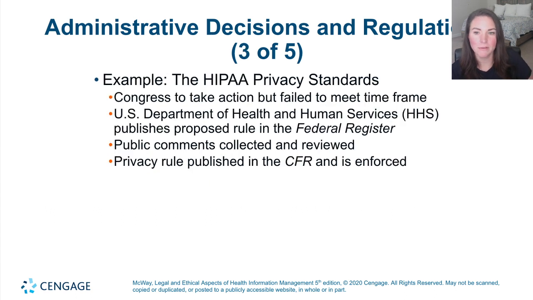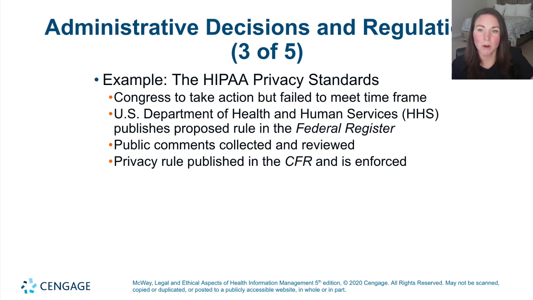An example of this would be the HIPAA privacy standards. If you've never heard of HIPAA before this class, you will hear about it a lot throughout this program. HIPAA wanted Congress to create some privacy standards for patient health information. Congress didn't do so in the time frame that they were given.